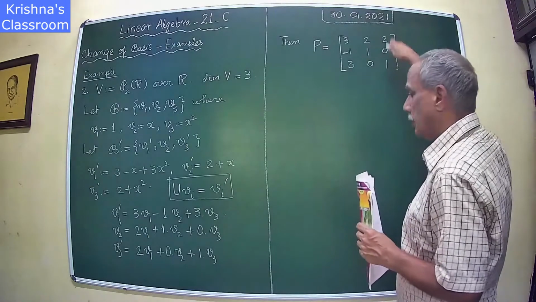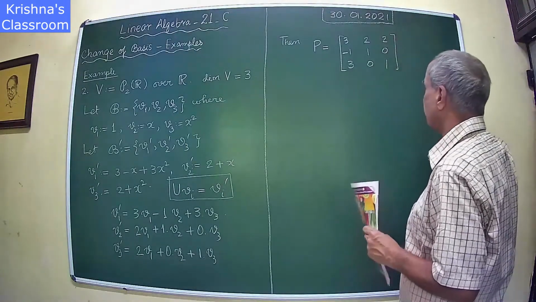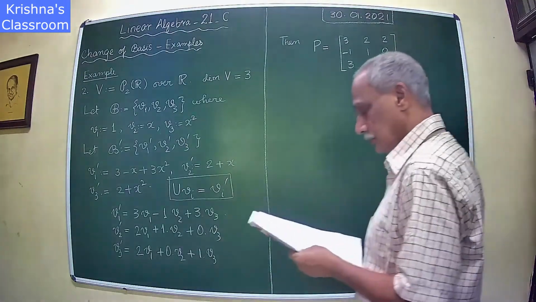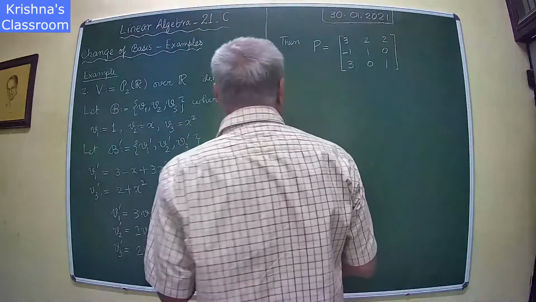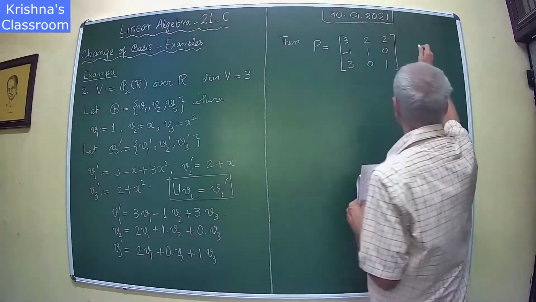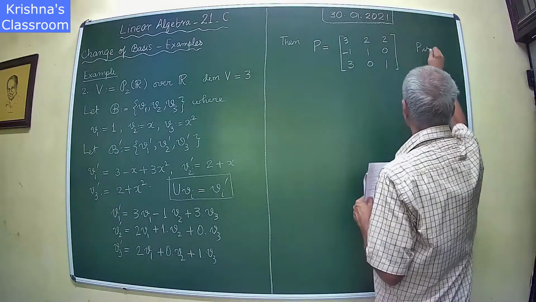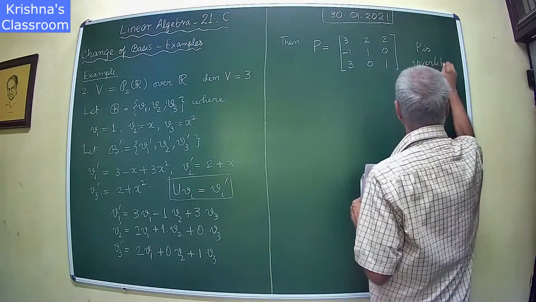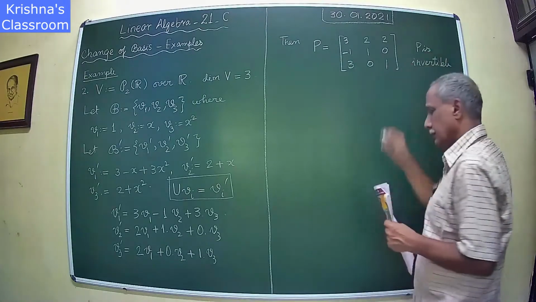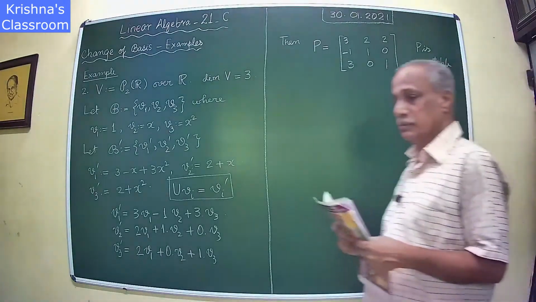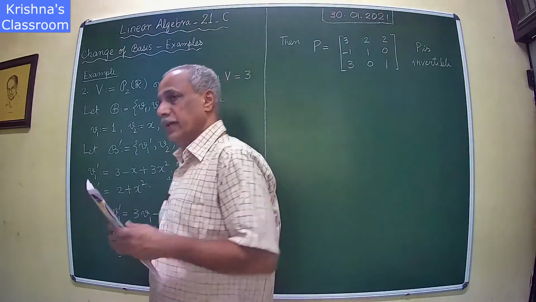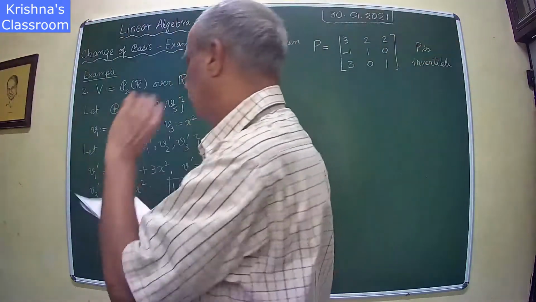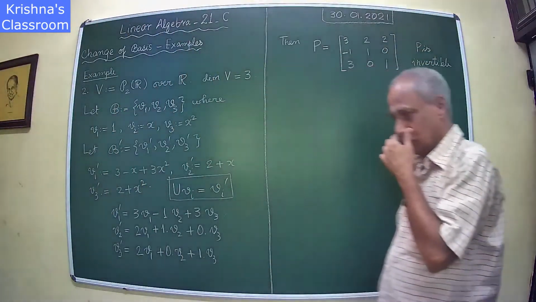In the same way for the third vector, the third column also. Now P is invertible. This is because P carries an ordered basis into another ordered basis according to this rule.